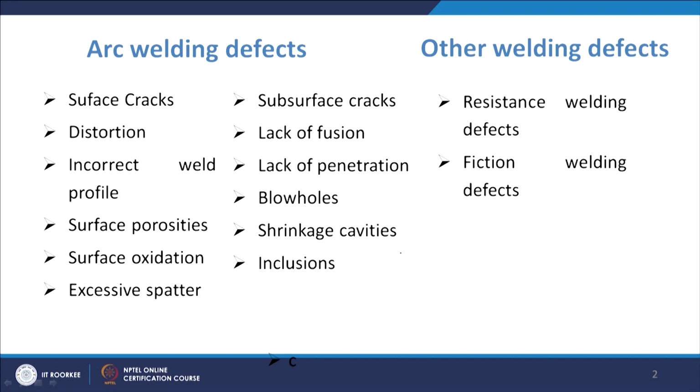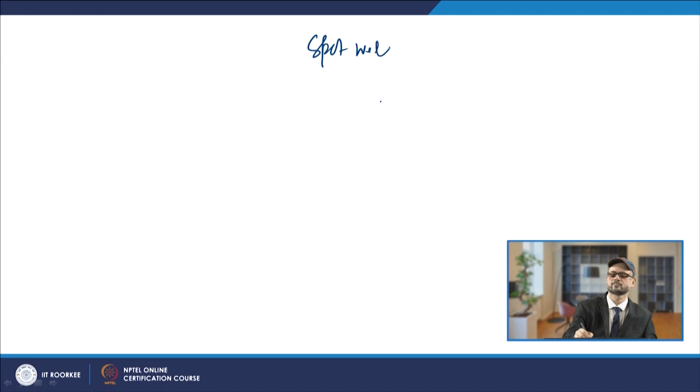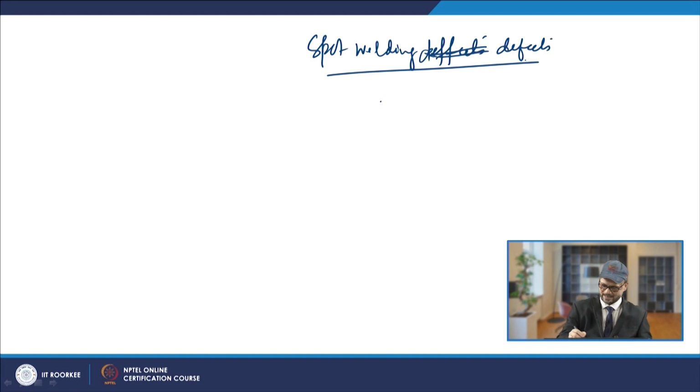In the case of resistance welding, you have different kinds of welding, and you have the spot welding defects. In spot welding defects you may have the excessive electrode indentation.